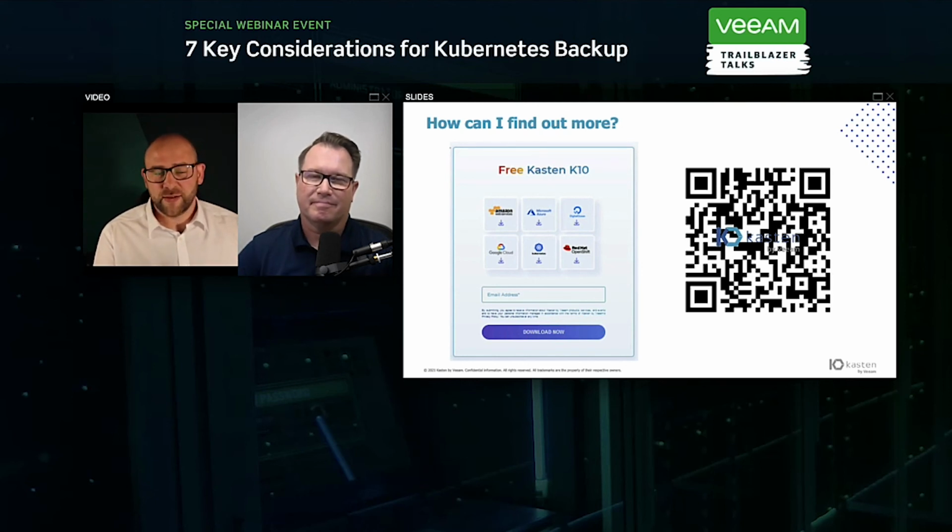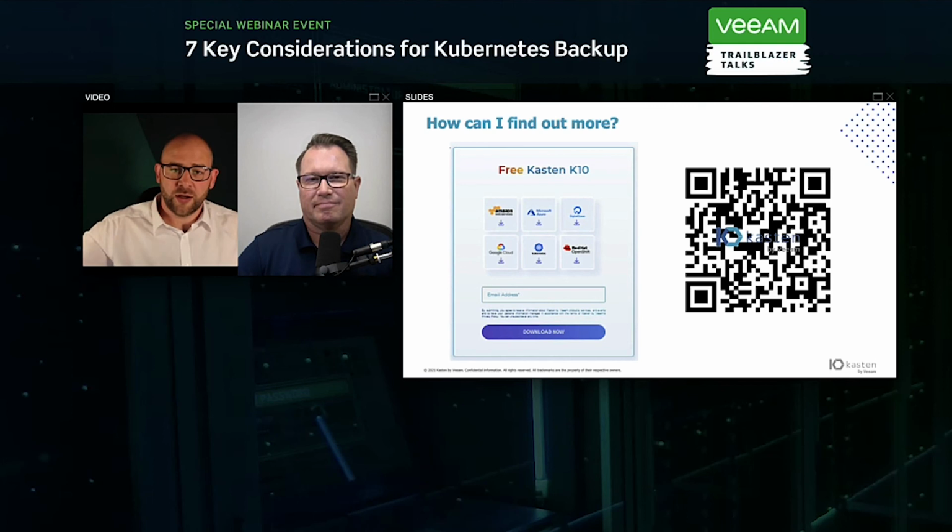You're then in, or you could leverage the Kubernetes API that we're integrated into, and then add in your export location, so your object storage or NFS or VBR repository. And providing you've got applications in your Kubernetes cluster, you create a policy and you're away. I think you could probably be up and running with backups easily within 30 minutes.